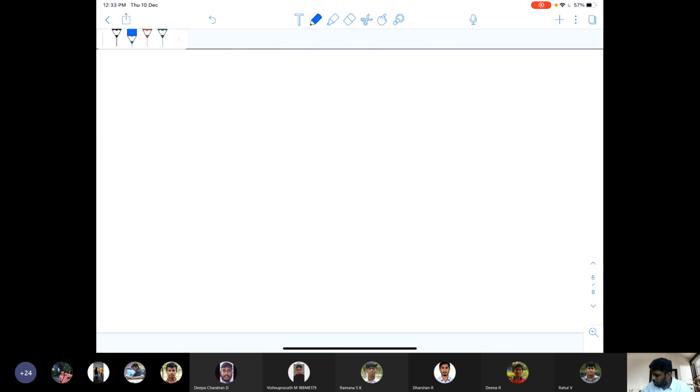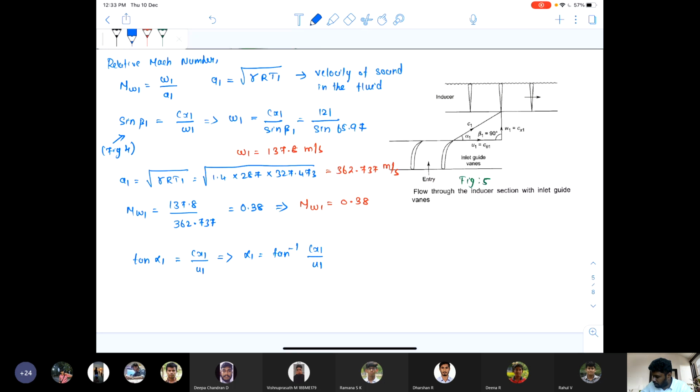Therefore this will be equal to tan inverse of cx1, which is 121, divided by the value of u1, which is 65.97. Therefore the value of alpha 1 will be equal to 61.4 degrees.